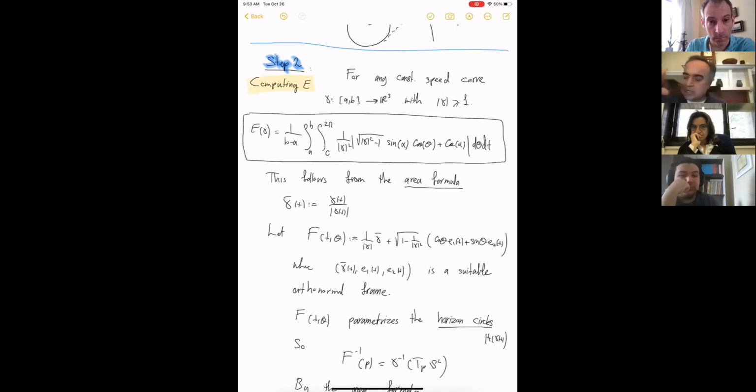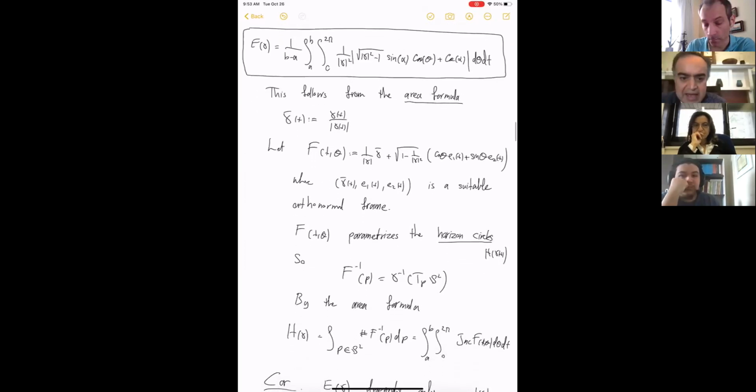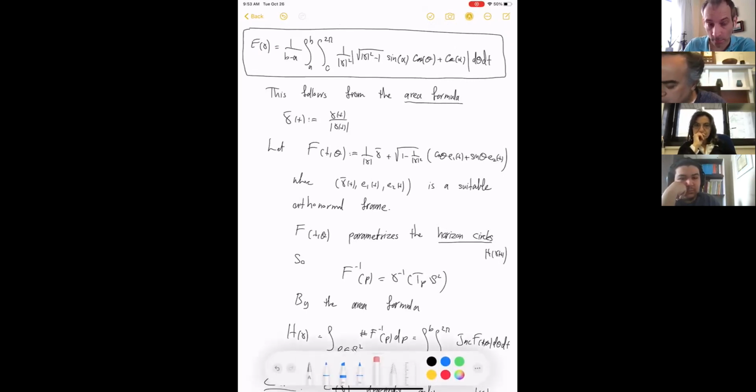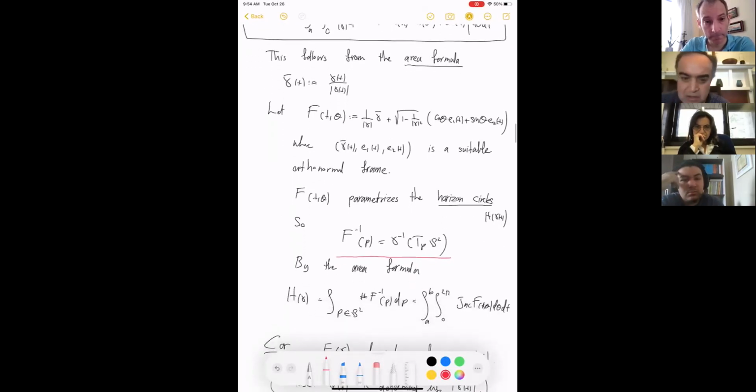So I have this function which parameterizes my circles, and f inverse of p, as I have written here. Let me use my pen. You see, this f inverse of p is the same as gamma inverse of the tangent plane of p. And this is the quantity that we integrate in order to define the horizon.